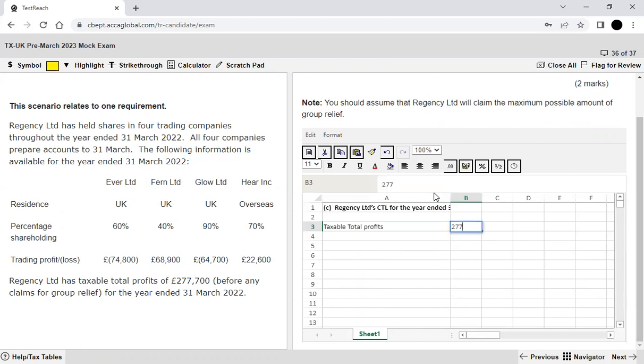Taxable total profits 277,700, which loss relief can be adjusted. As a result, revised.